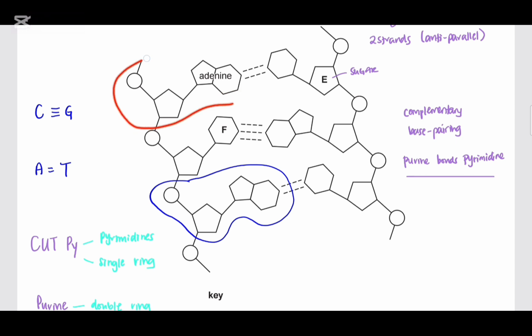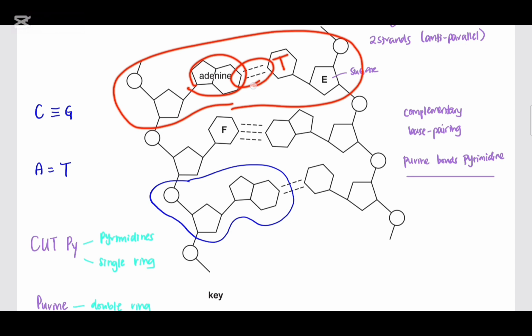From the first pair here, we have adenine, which binds with thymine. We know for sure because of these 2 hydrogen bonds. At the same time, adenine is a purine, thymine is a pyrimidine. Next, we have 3 hydrogen bonds, so it means we only have either cytosine or guanine.